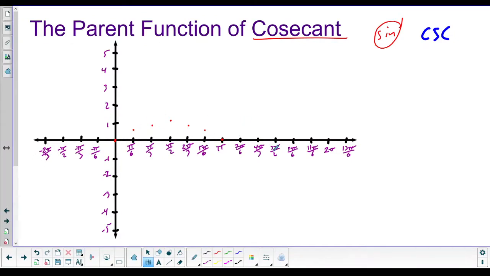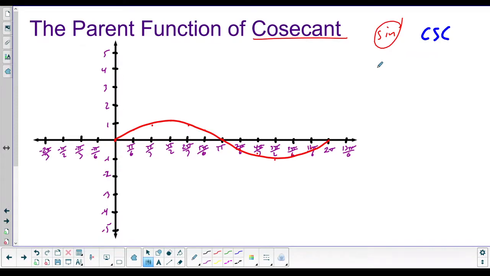And then it's just this thing but reflected, right? So we're going to go negative a half, negative almost 1, negative 1. And excuse me if these aren't perfectly in the right spot, but our sine graph is going to look pretty much like that.